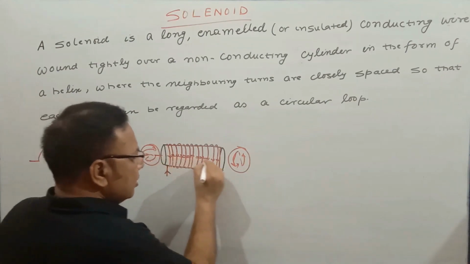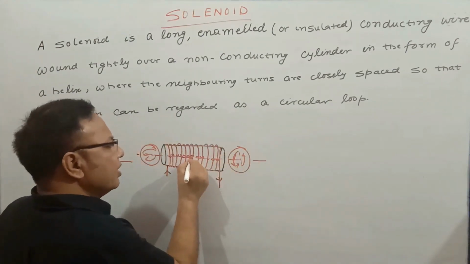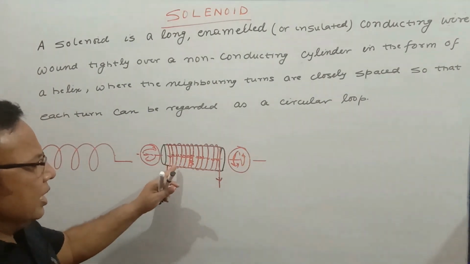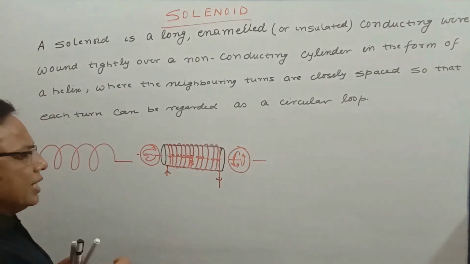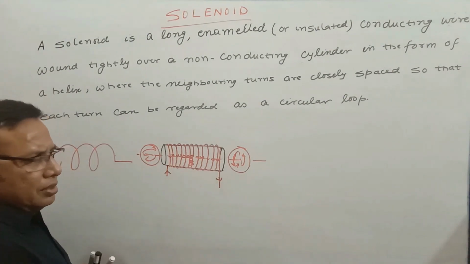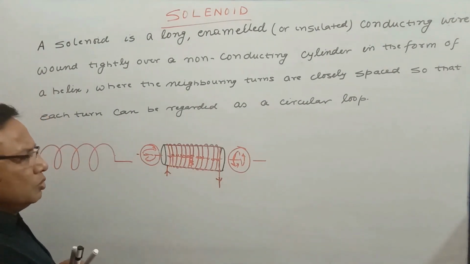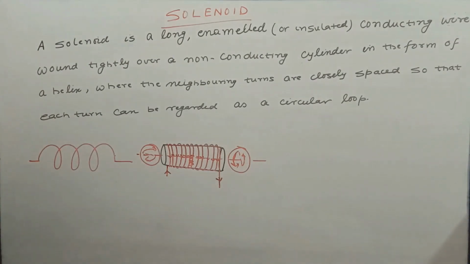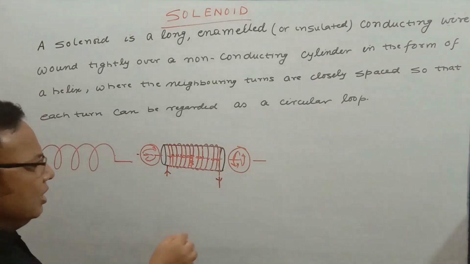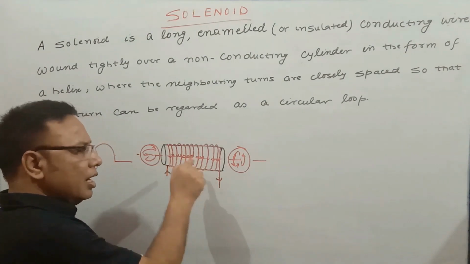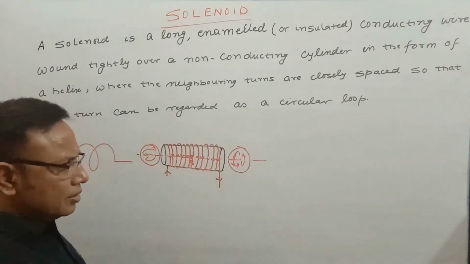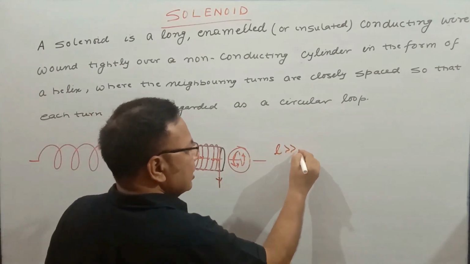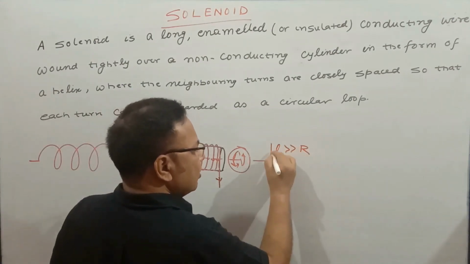On the axis, suppose somewhere here, at this point the net magnetic field is the vector sum of magnetic fields due to all the turns. So let's start from the first turn, and then we are going to see the derivation of magnetic field well within the solenoid, that is, at the axis, for the length much greater than the diameter or the radius of the given solenoid.